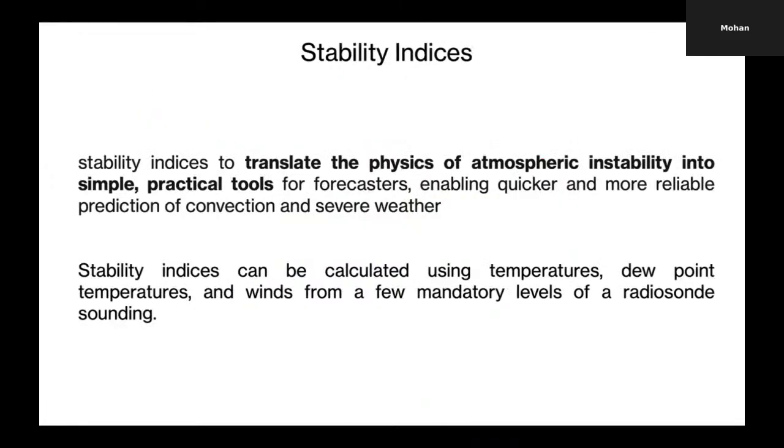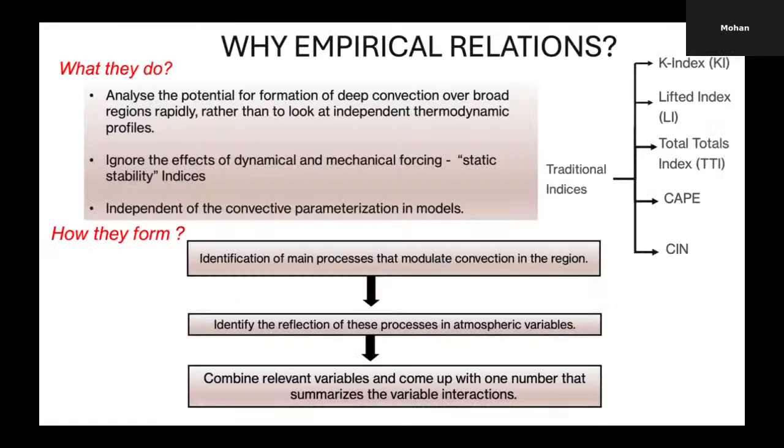Now since you have all the theories, all the equations, charts and everything, you understand the instability based on lapse rates. How do you quantify things? You know that instability is happening, but how much instability is really happening, and whether this amount is sufficient to have deep convection? To quantify this instability, you need the stability indices. Indices are nothing but empirical relations, and they are formed by identifying different main processes that modulate the convection.